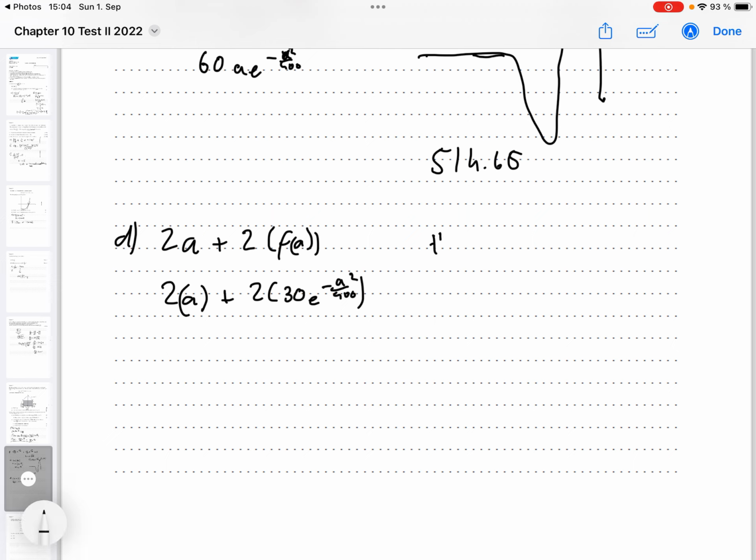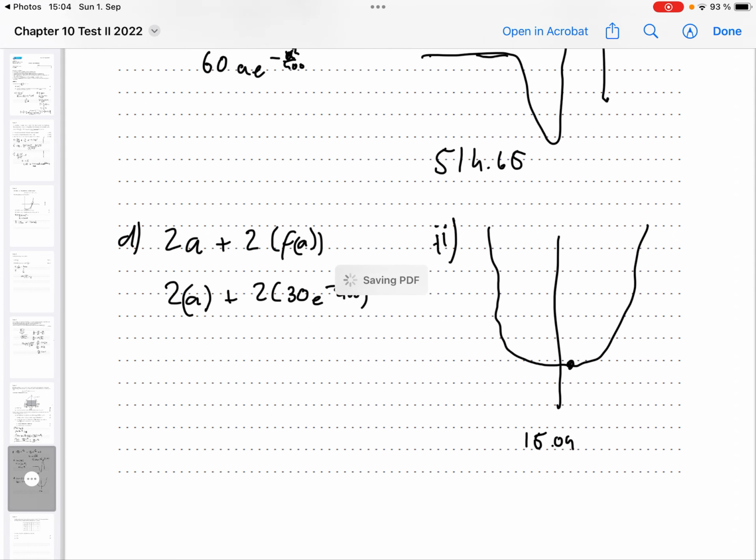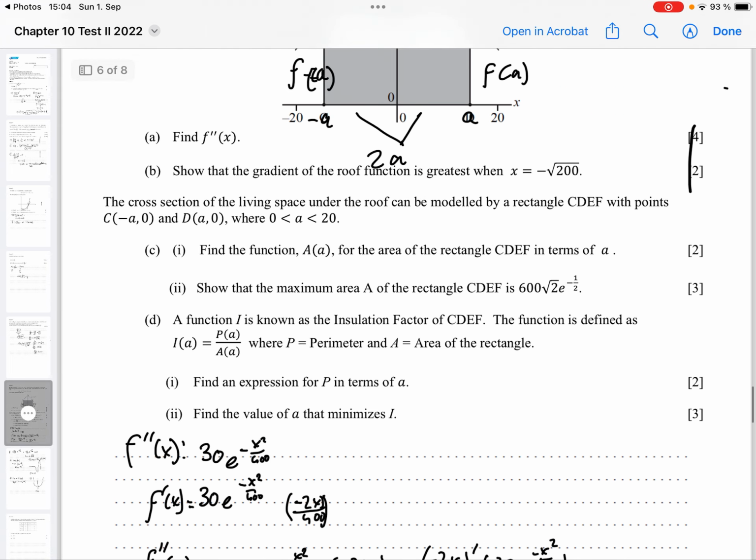And this gives us a function that looks something like this. And the minimum point occurs here. So we find the minimum point, and the value of a that minimizes it will be 15.04. And that is our answer for part 2.